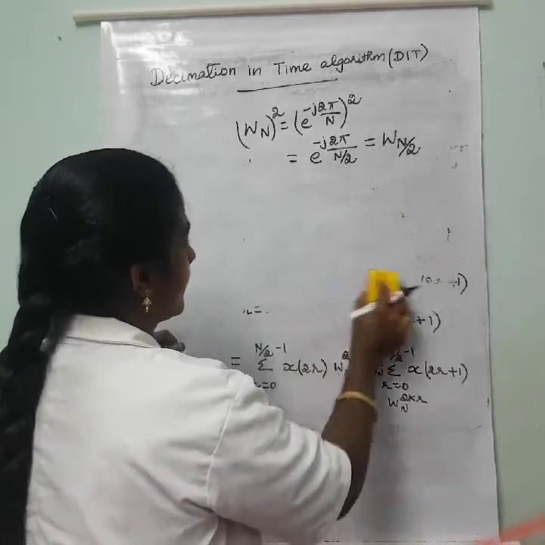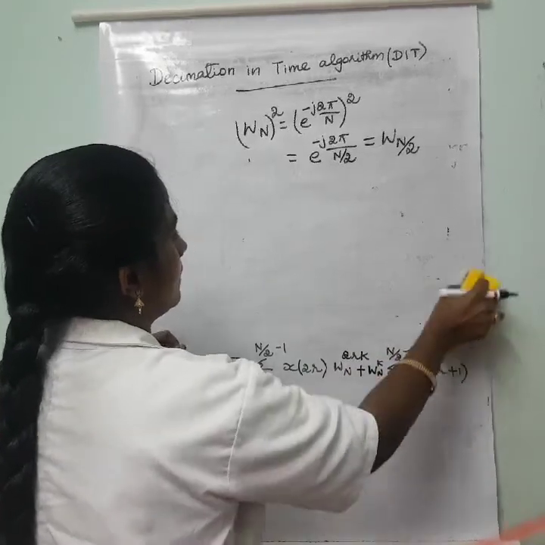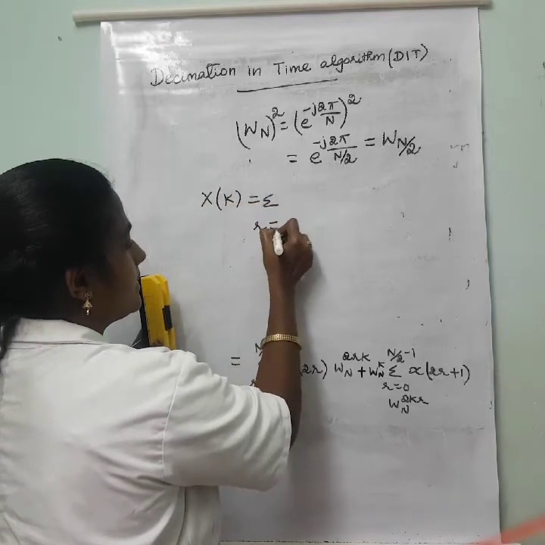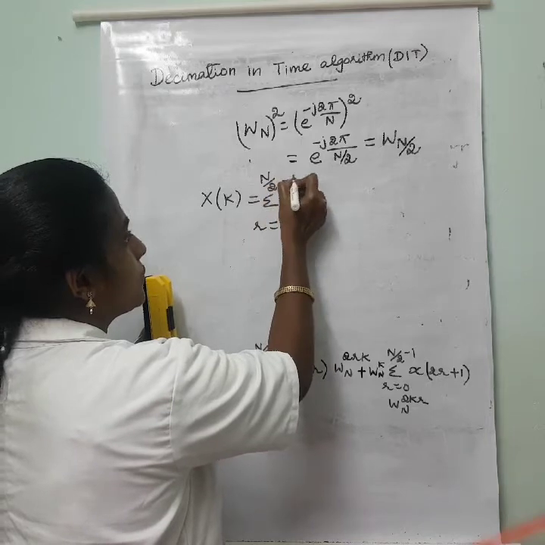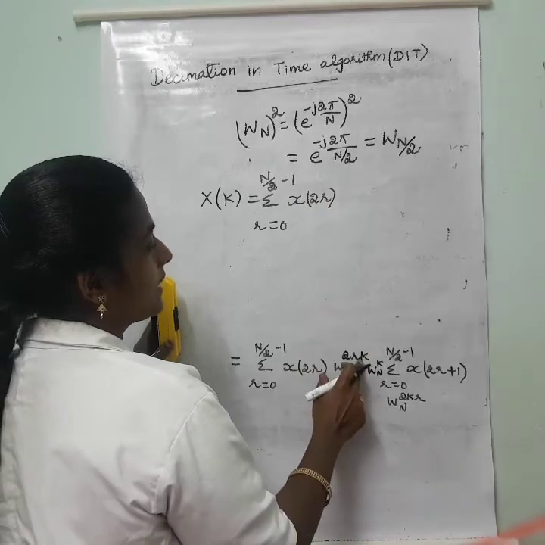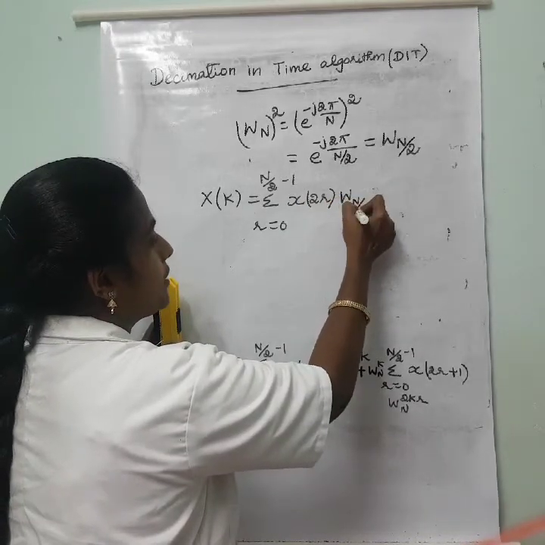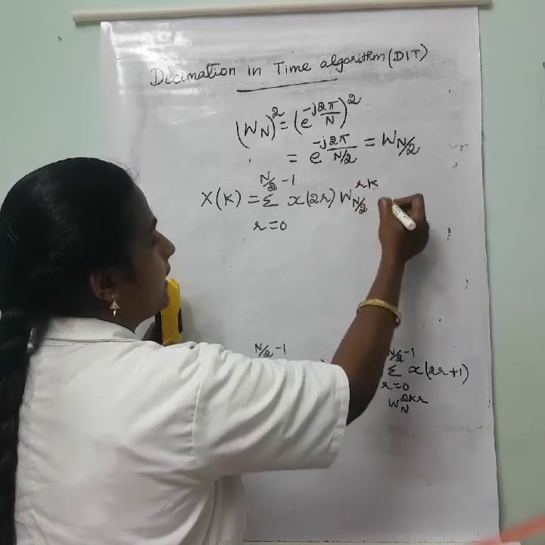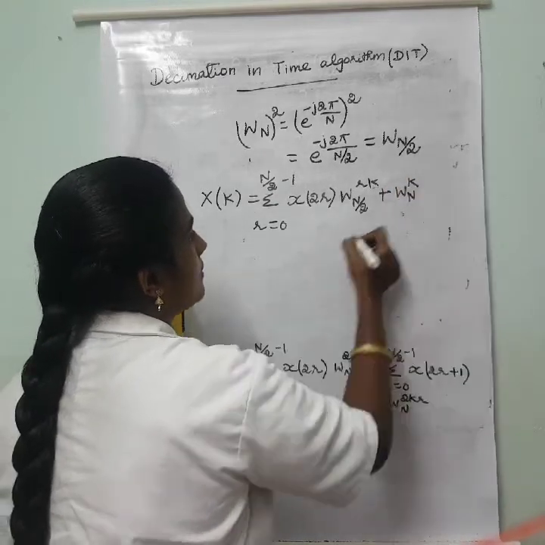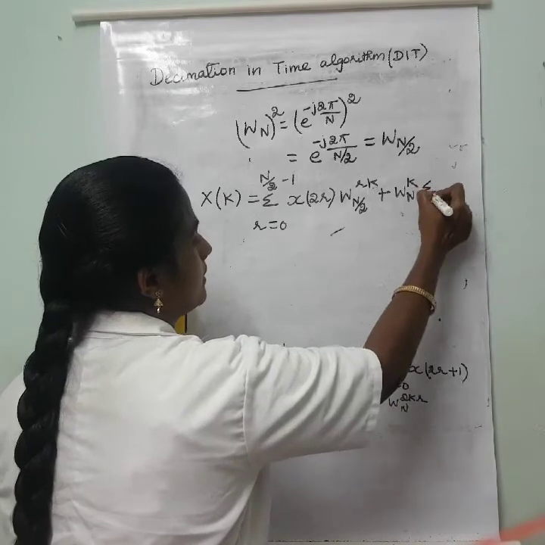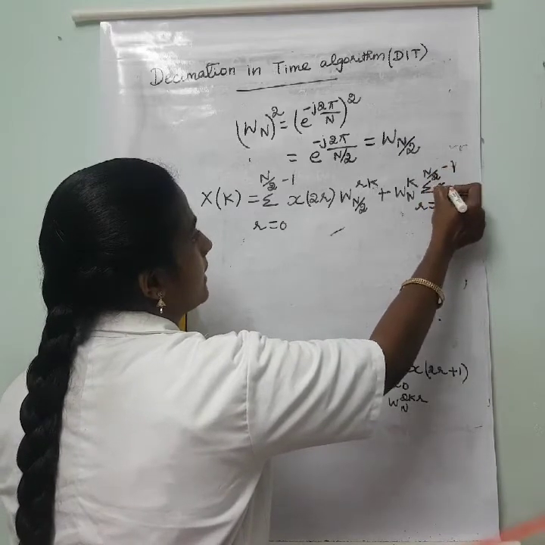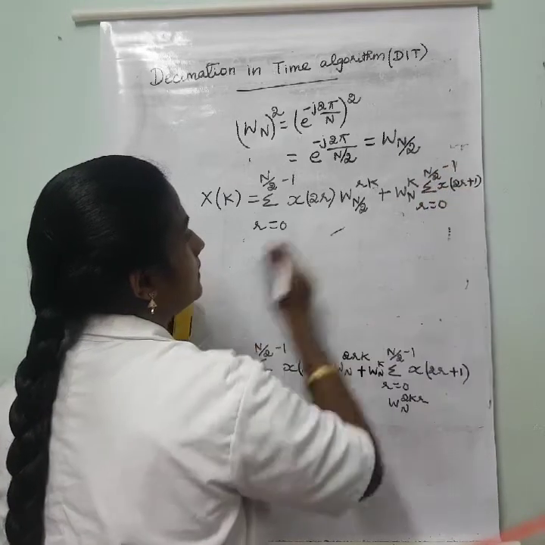So this formula can be written as X of k is equal to summation r is equal to 0 to N by 2 minus 1 of x of 2r into W_N power 2rk, which can be written as W_N by 2 power rk, plus W_N power k into summation r is equal to 0 to N by 2 minus 1 of x of 2r plus 1.